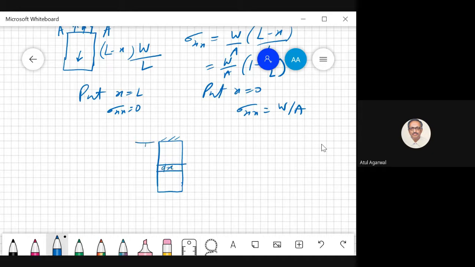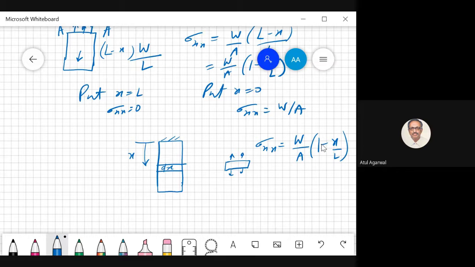This dx is at a position x. What is the stress in this dx? Sigma xx I found was W by A into 1 minus x by L. So this is your sigma xx at position x.